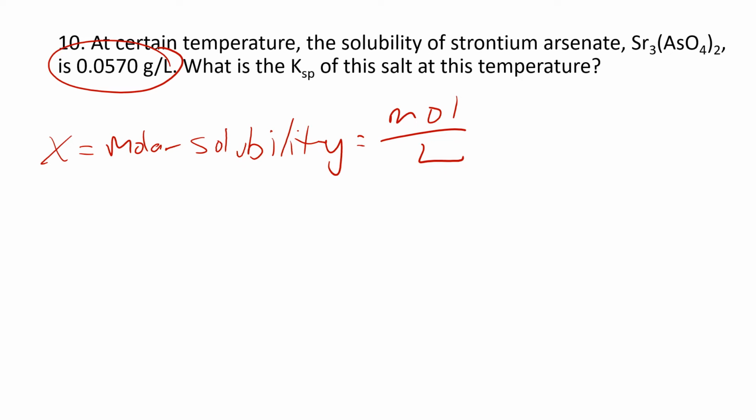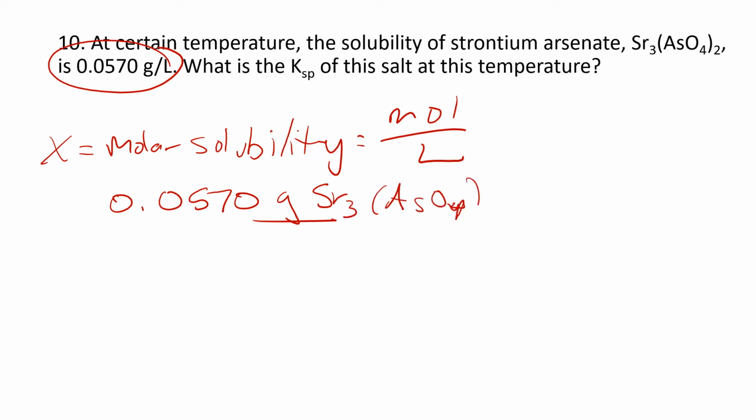If I have 0.0570 grams of Sr3(AsO4)2 per liter, I'm going to multiply by the molecular weight of Sr3(AsO4)2 to be left with moles. You can just Google the molecular weight or use your periodic table. I got 540.7.